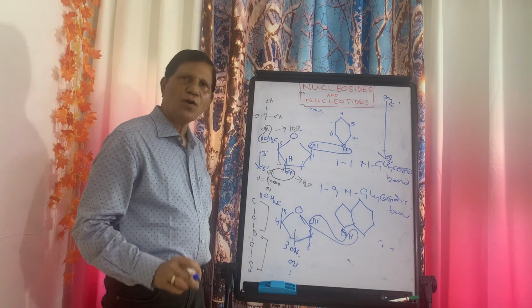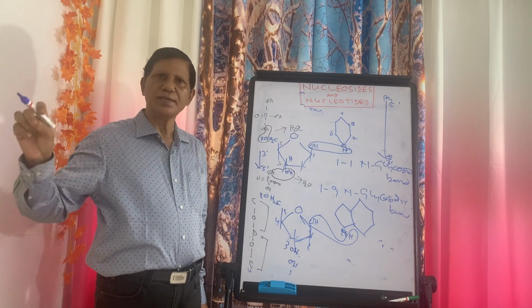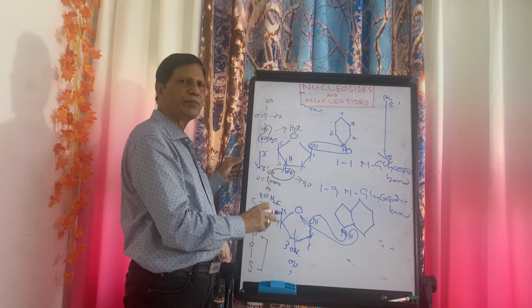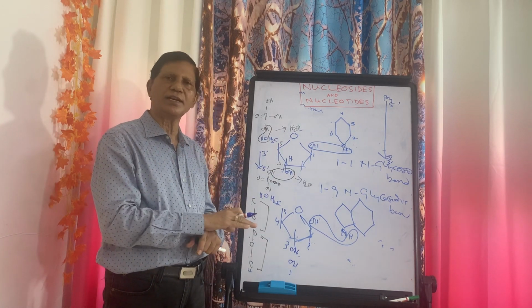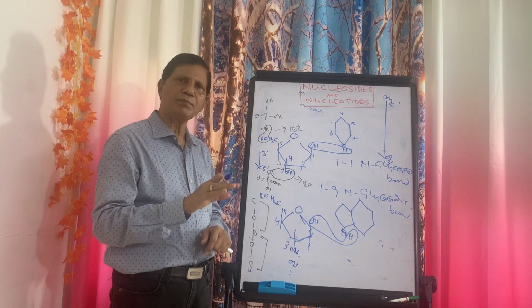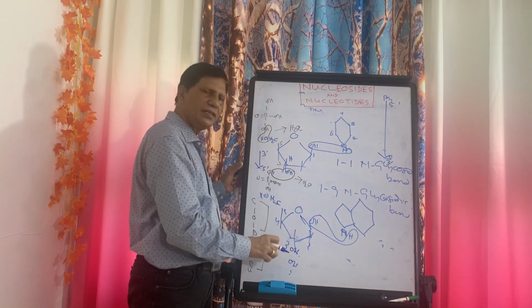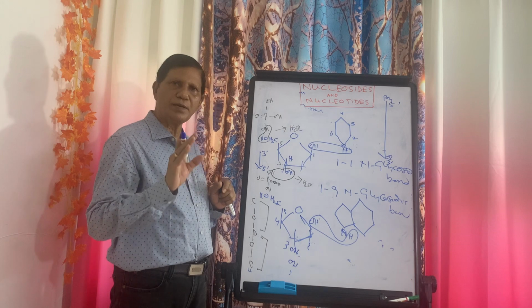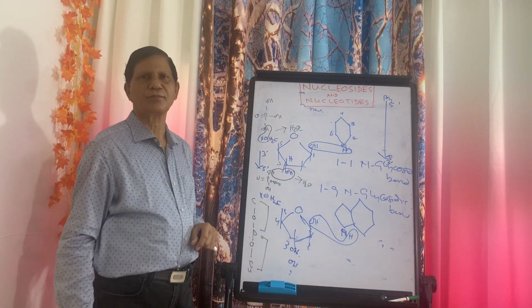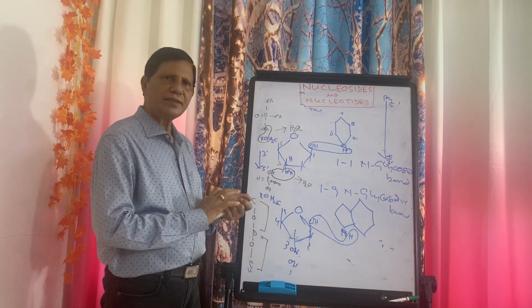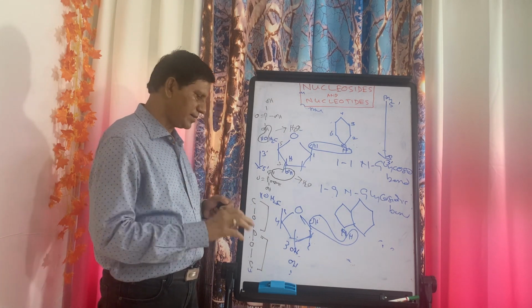That is why all nucleic acids run only from 5' to 3', never in the reverse direction, because both DNA polymerase and RNA polymerase catalyze only in this direction. This is very, very important. So this is the idea regarding the nucleosides and nucleotides.